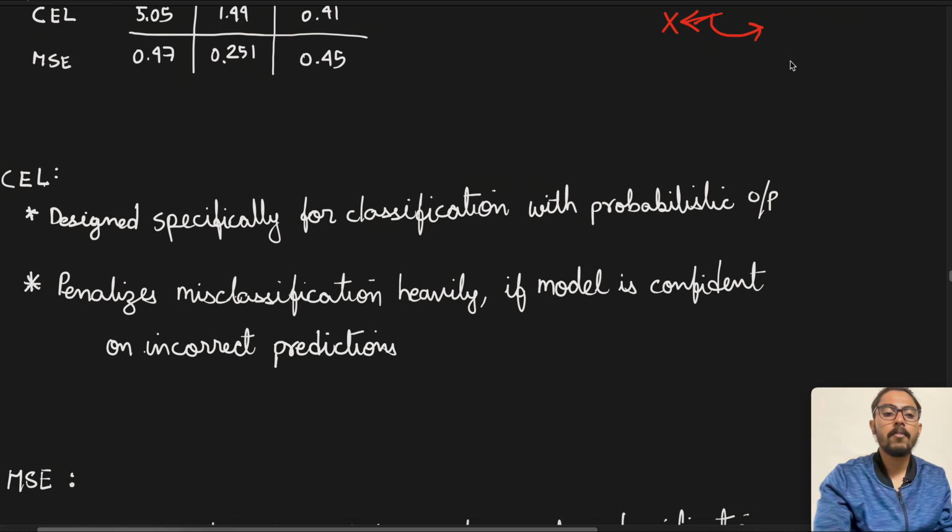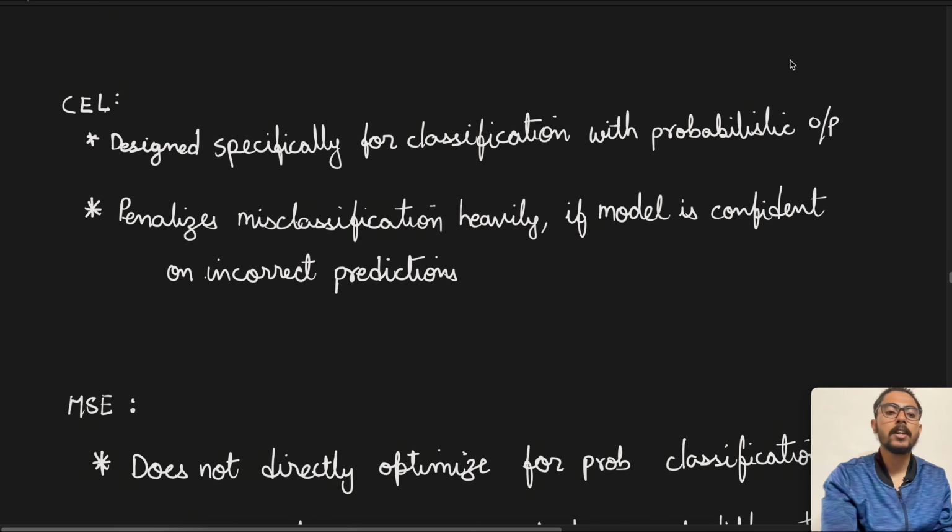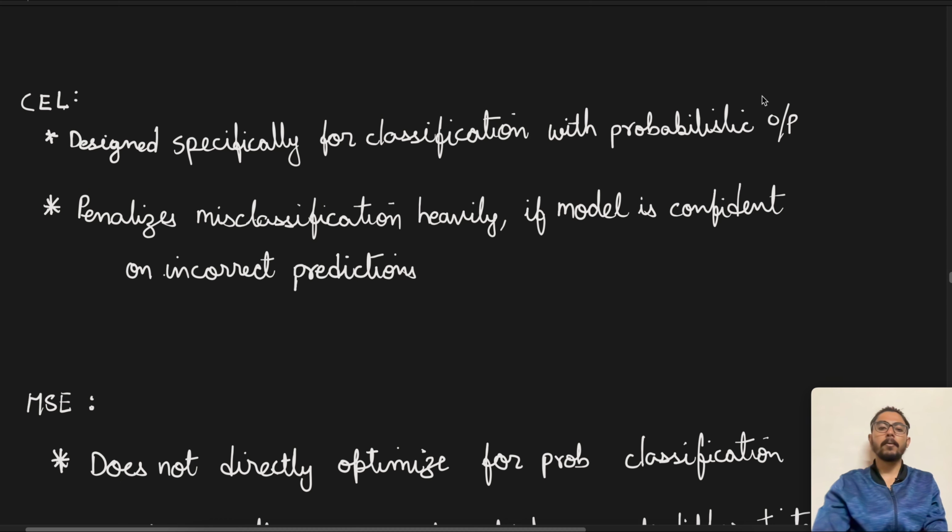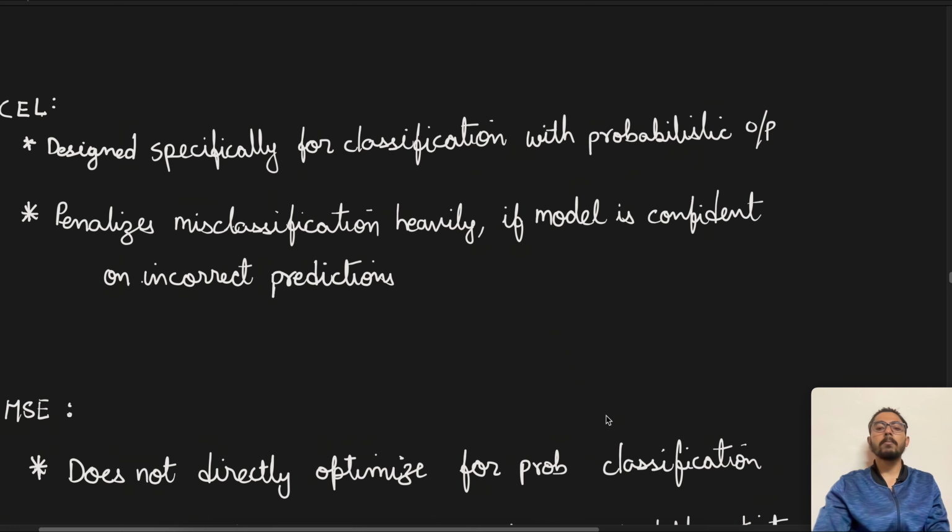Then for mean squared error loss, this does not directly optimize the probabilistic classification. It is more suited to problems that are solvable using regression, where Euclidean distance parameters reside, right? So those problems where the Euclidean distance parameter plays a crucial role, there mean squared error loss is quite usable and is used in ML algorithms.